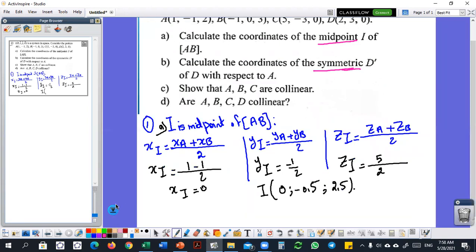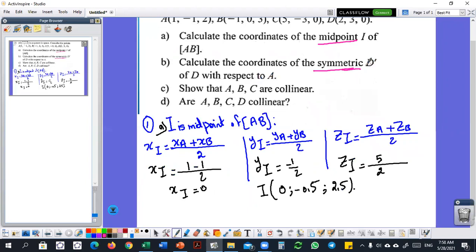Now I'm going to say A is the midpoint of D prime. A is the midpoint and A is given, so A is not required. In this case, you need to do cross multiplication. Clear? So in the symmetric rule, we need to make a cross multiplication. It's very simple and very easy. So the point A is the midpoint of D prime.